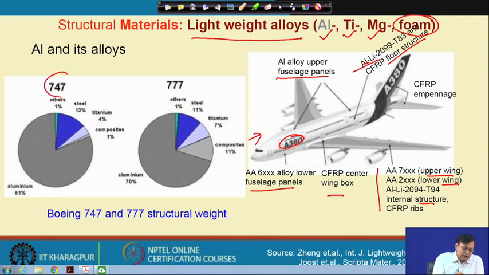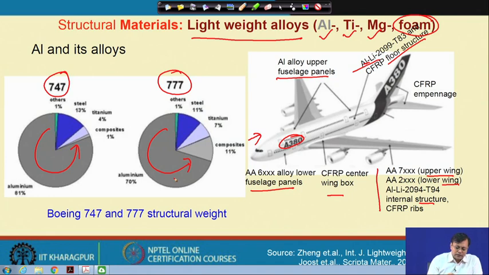On the other hand, one can look at a very old model, the Boeing 747, and these days the Boeing 777. Here also the application of aluminum alloys is very high, almost 80% and also let us say something like 70%.